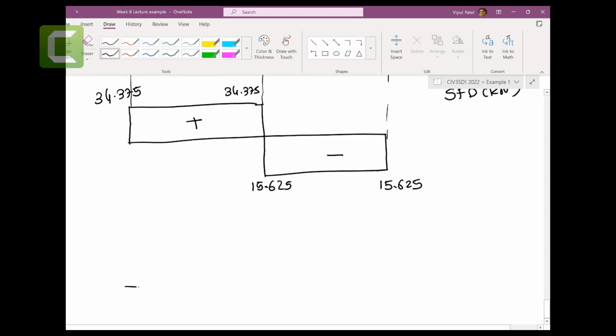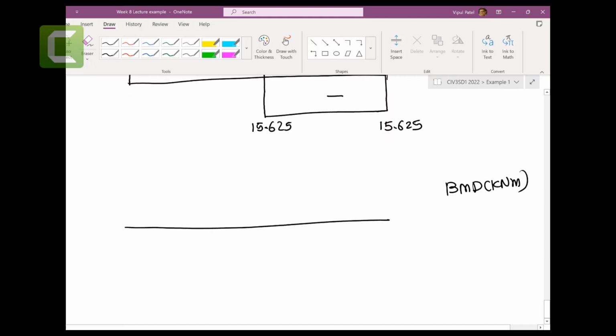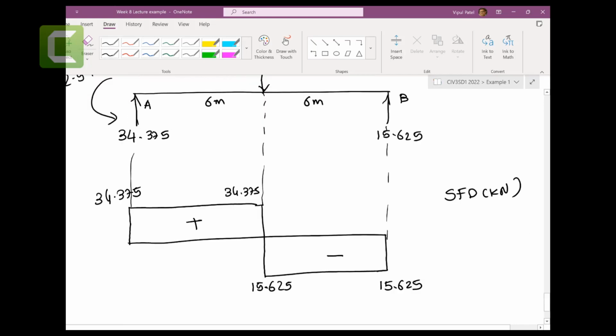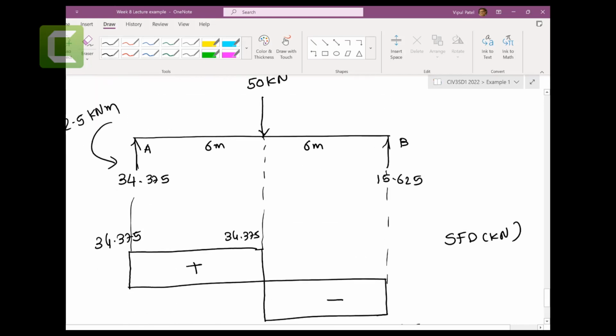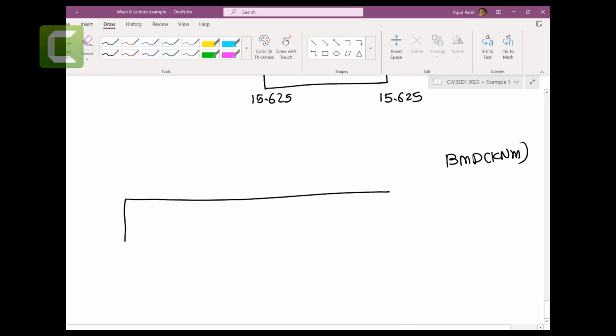Now bending moment diagram, kilonewton meters. So for the bending moment diagram, you will get anti-clockwise negative, 112.5 kilonewton meters negative.